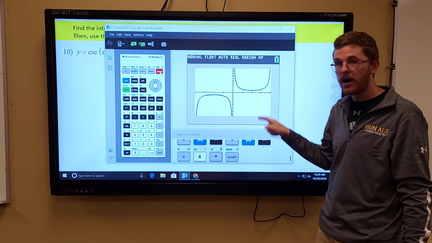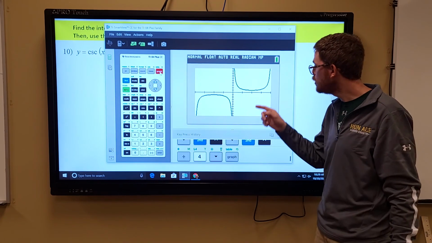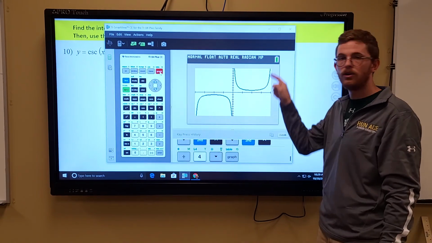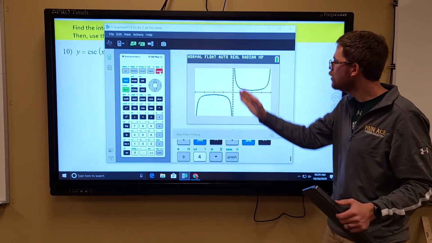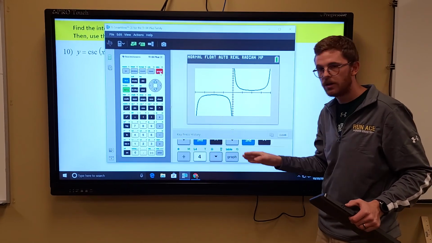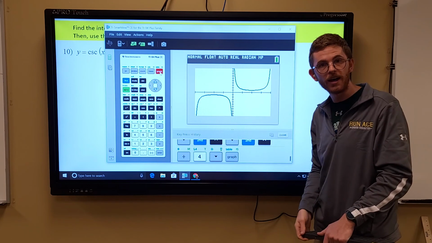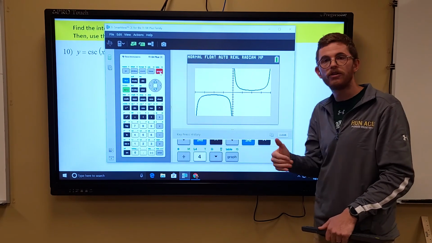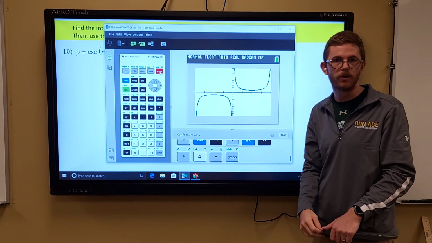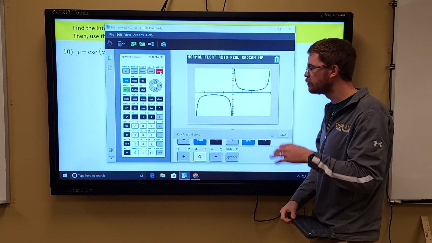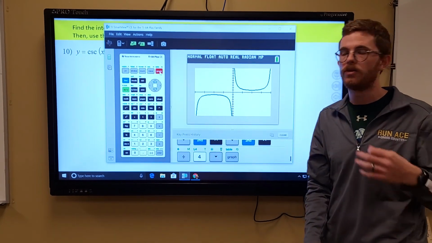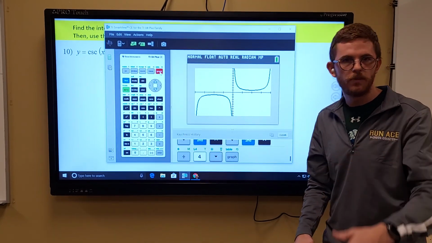And at pi over 2, we had another relative minimum, and then it increased. Notice that at 0, our derivative was undefined, and that makes sense because our function's not continuous at 0. So all of this is backing up what we were seeing with the calculus, with the numbers.